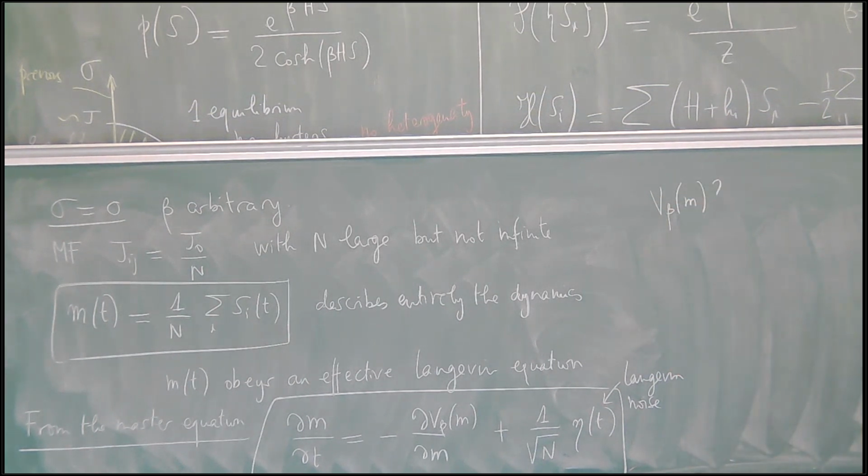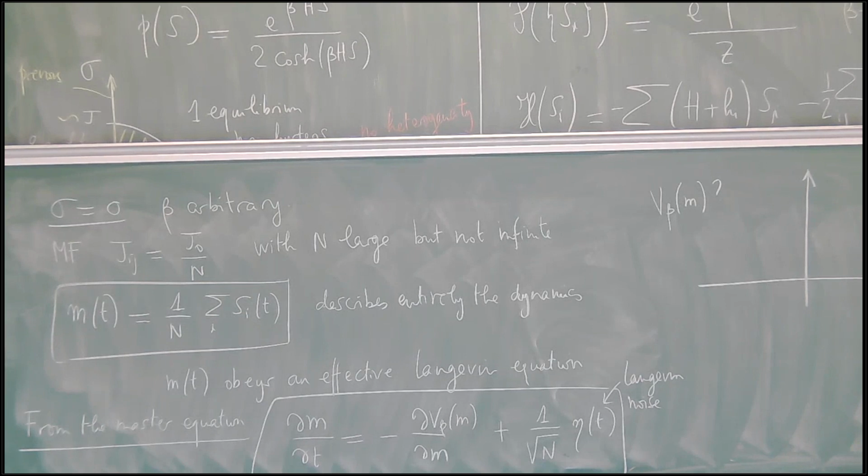Well, it depends on beta and J. And what you find is that, so here I would need my lecture notes to be absolutely sure, but I guess that if beta J is less than 2, I think it's 2, but this you have to check.